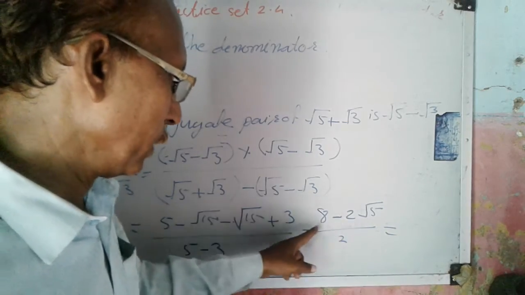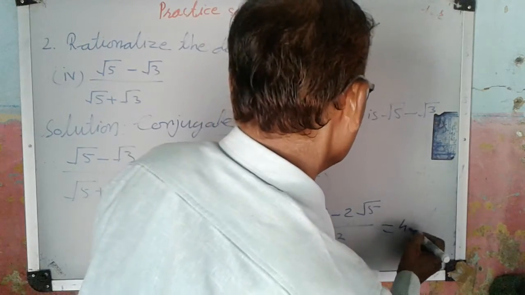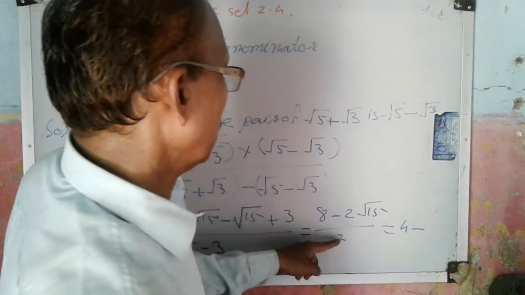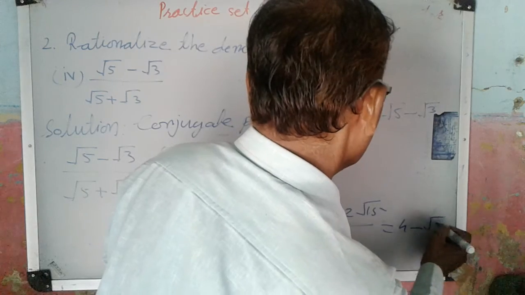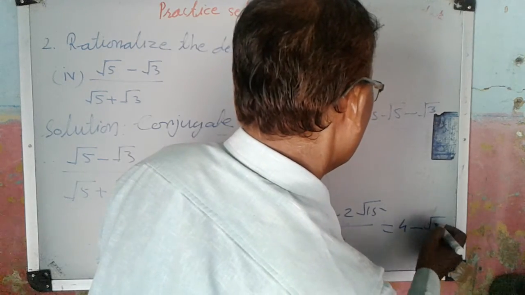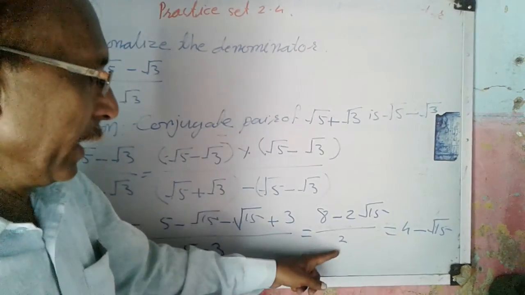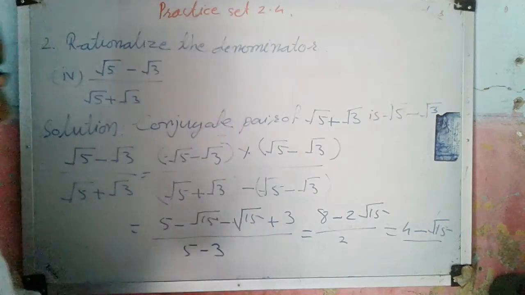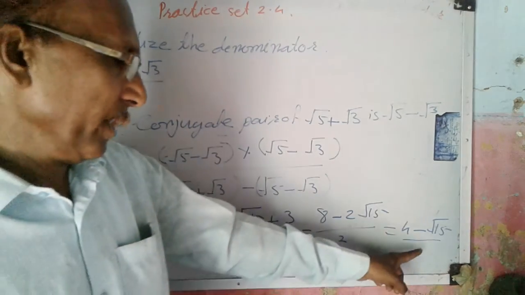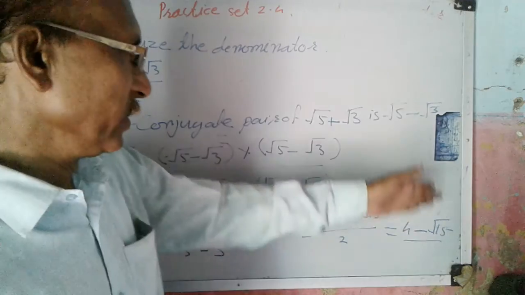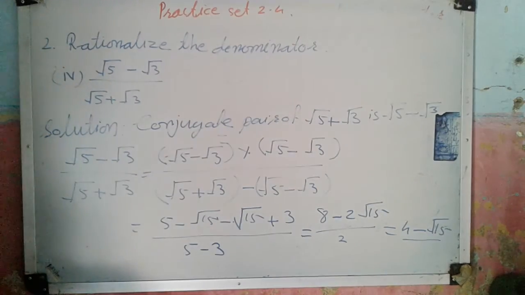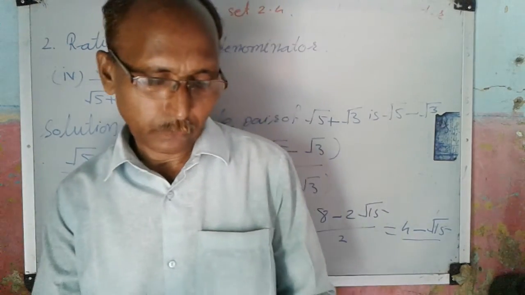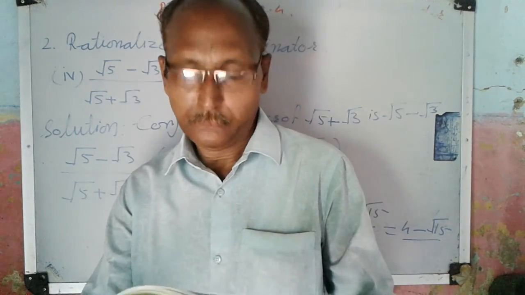If we divide both the terms by 2 we get 4 minus root 15. Now the denominator is 1, that means the denominator is rationalized. In this way, you can solve the examples from practice set 2.4; the remaining examples are for your homework.